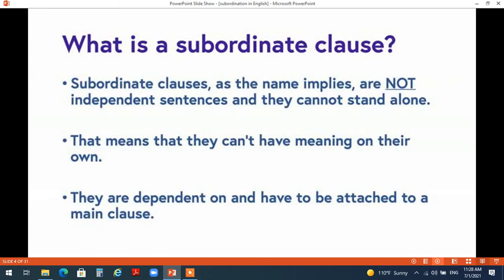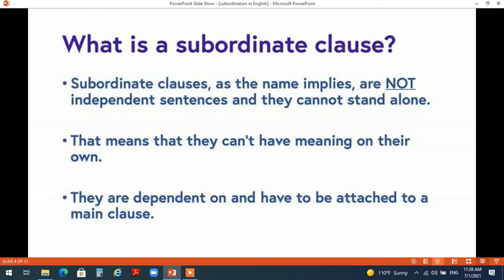إذا حين نقول subordinate clauses أو عبارات فعلية تابعة، معناها كما يشير الاسم إنها ليست جمل مستقلة ولا يمكن أن نستخدمها كجمل بحد ذاتها. That means that they cannot have meaning on their own، والسبب إنه لا تمتلك معنى مكتمل، لذلك لا يمكن أن نستخدمها كجملة مستقلة وقائمة بحد ذاتها.